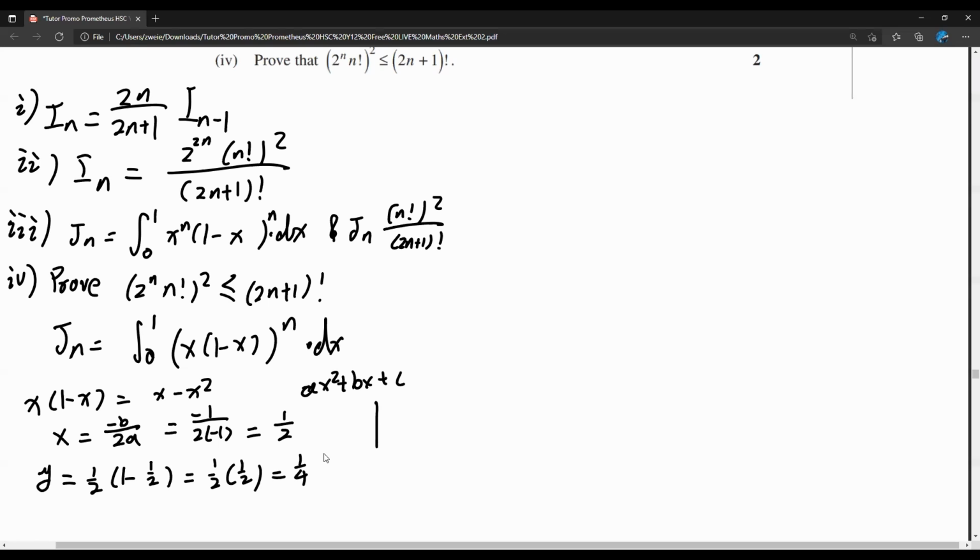How do I know this? Because it is a negative parabola, okay? I have 0 and 1, okay? At half, it is my vertex, or in a way, my maximum value, okay? So, which is 1 on 4 over here, max value.